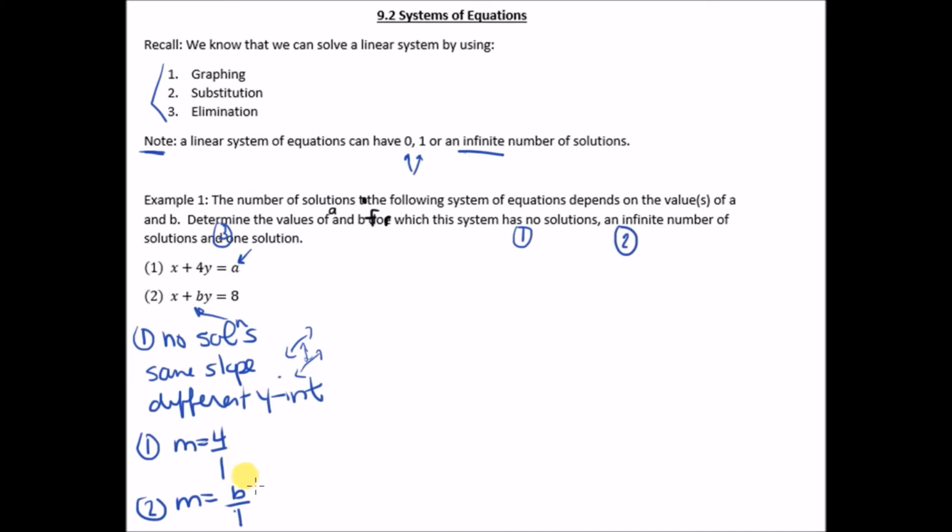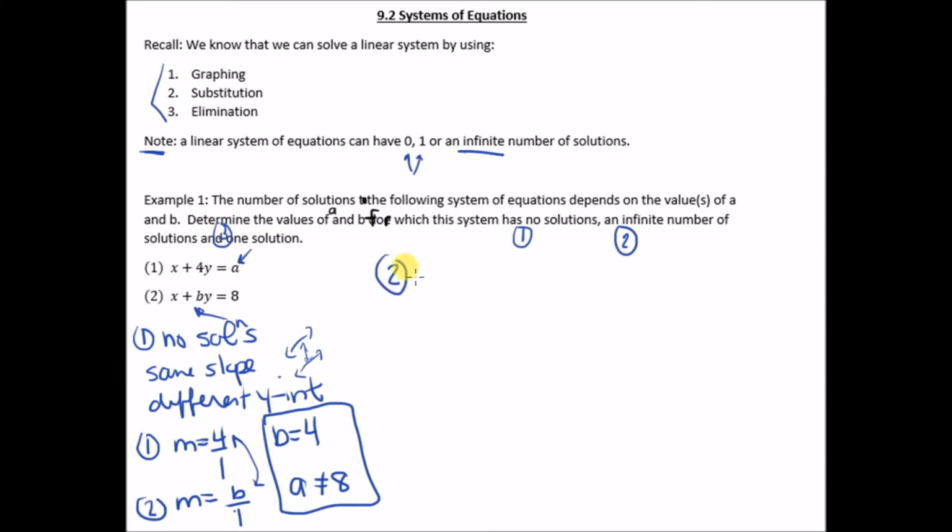So in order to satisfy this, b has to equal 4. Now we have to have a different y-intercept. So same slope, we can take on any a such that a does not equal 8. Okay, so there's the solution for number 1, no solutions.